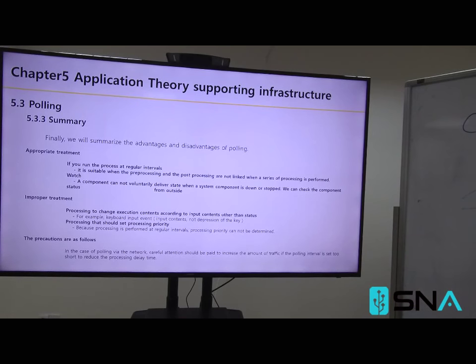Then the precautions are as follows. In the case of polling via the network, careful attention should be paid to the increase in the amount of traffic if the polling interval is set short to reduce the processing delay time. As I told you, consider the interval time.